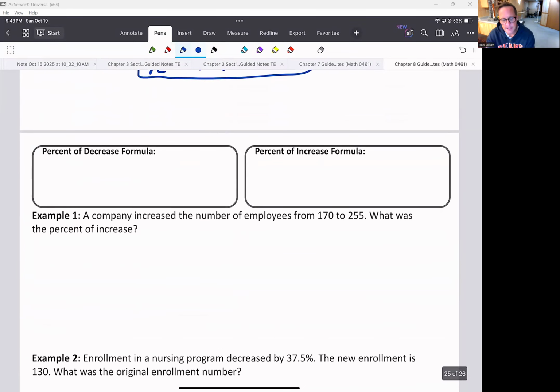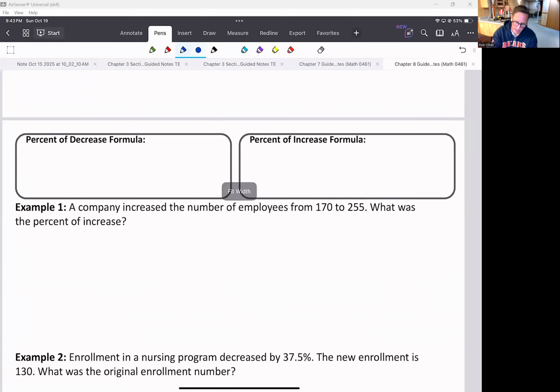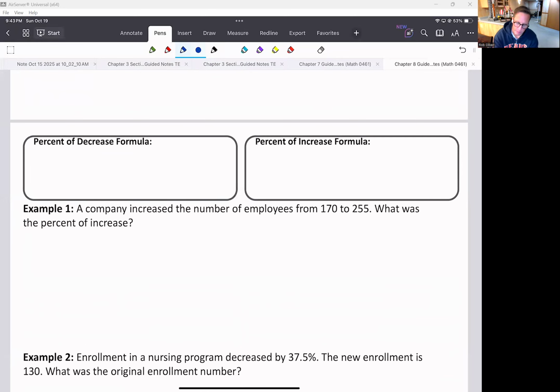Okay, moving on here. Percent of decrease formula and percent of increase. All right, so percent of increase. Let me write this down and I'll kind of explain it more. You're going to know what these words mean, but we're going to attach different meanings to them. So we have base times, now this is percent of decrease.